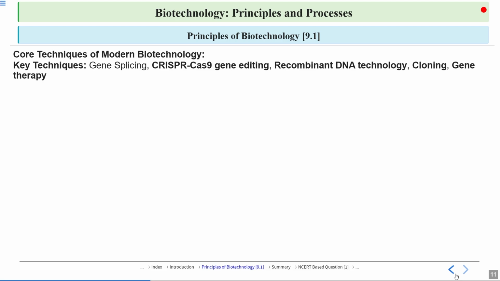Third is recombinant DNA technology, in which we make recombinant DNA, a DNA made from two different sources. Cloning, you know, is making identical multiple copies. Then gene therapy.